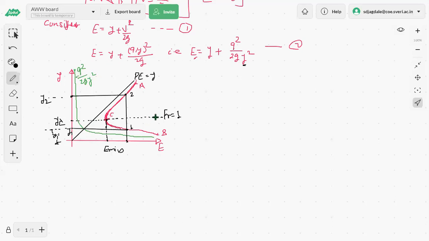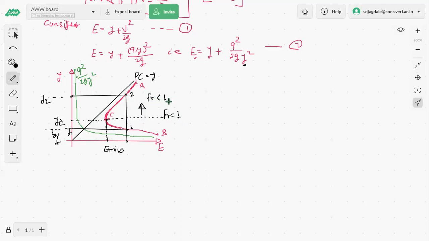We can say this is the critical flow depth. Whatever the Froude number is, at this point it is exactly 1. When the flow passes above this critical line, above the critical flow depth, the same discharge q is passing at a larger depth, where the Froude number is less than 1, because the velocity will be less as the depth is increasing.